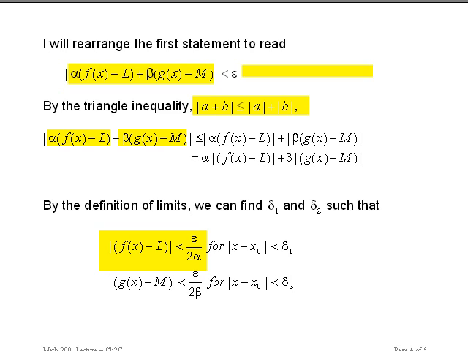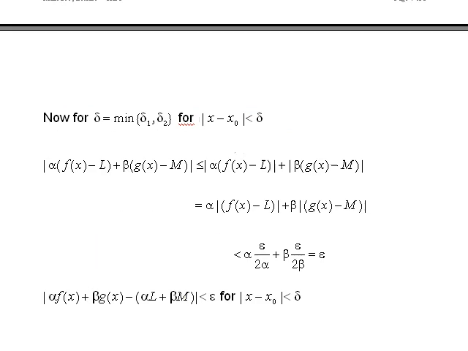It's guaranteed by the limit law, and I'm going to call that delta 1. I'm going to do the same thing for g and its limit m. I'll say g minus m is less than epsilon over 2 beta, and I can find a delta that satisfies that, and I'll call that delta 2. And now we're done.